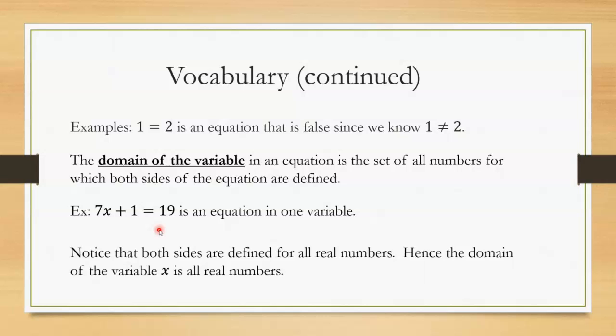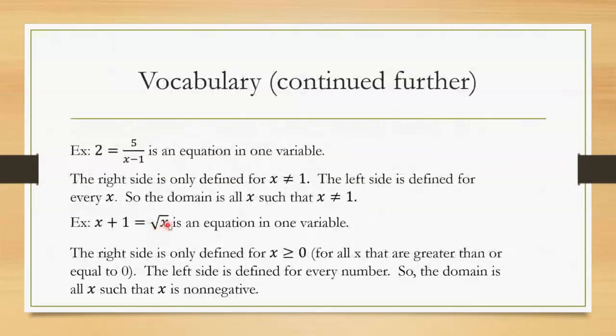Okay. As opposed to something like this. This is an equation in one variable. The left-hand side, there's no restriction. But the right-hand side, you can see, is going to make sense only for all numbers except 1. For all numbers except 1.